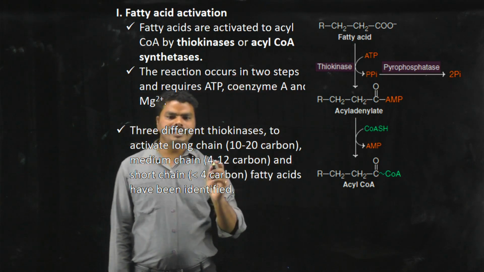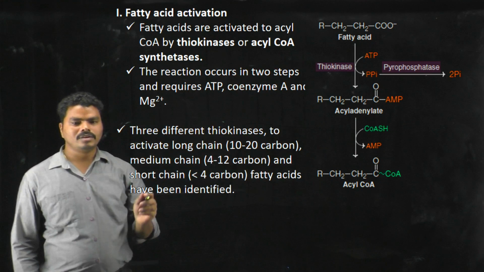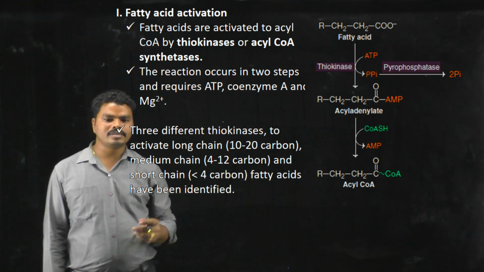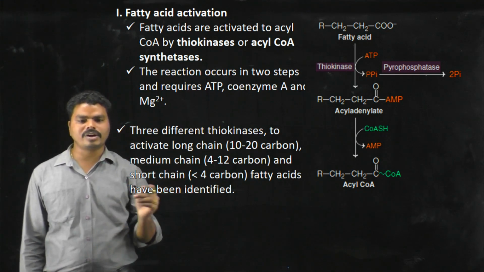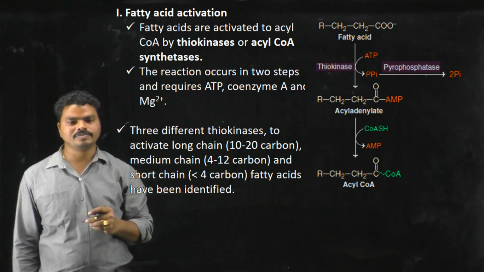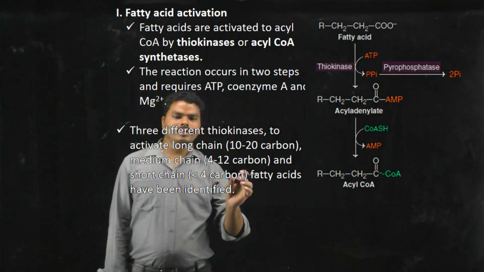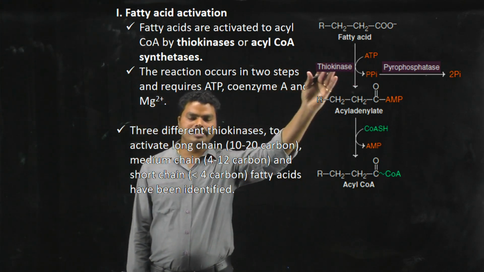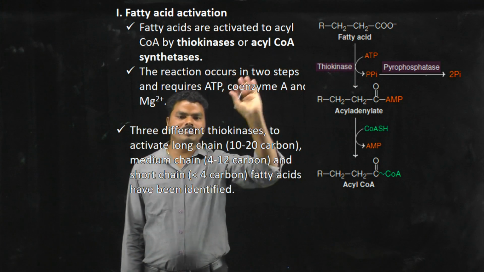Three different thiokinases are required to activate long chain, medium chain, or short chain fatty acids. For example, if the fatty acid is long chain, one type of thiokinase system is required.